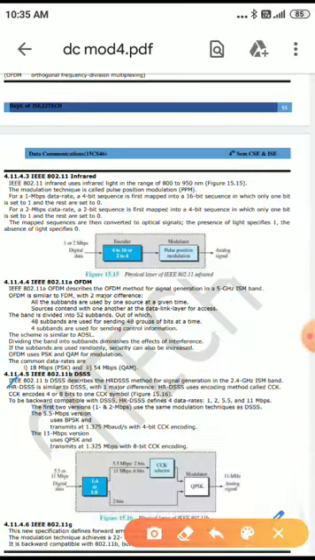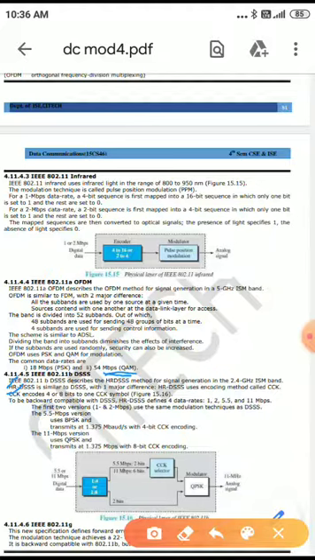HR-DSSS means high rate direct sequence spread spectrum.